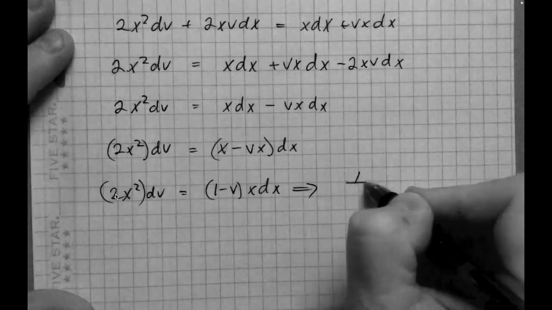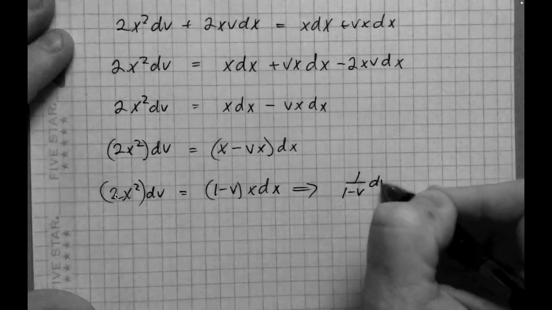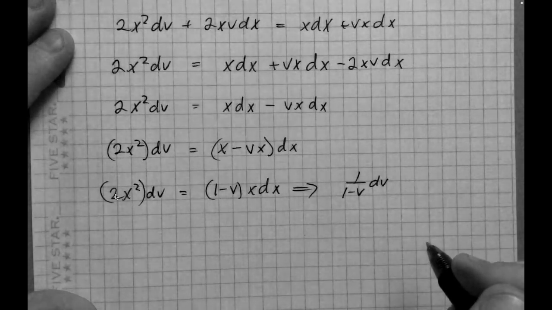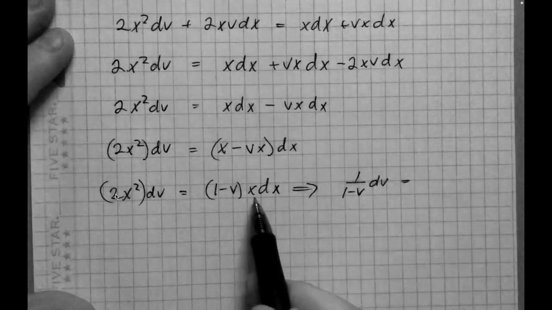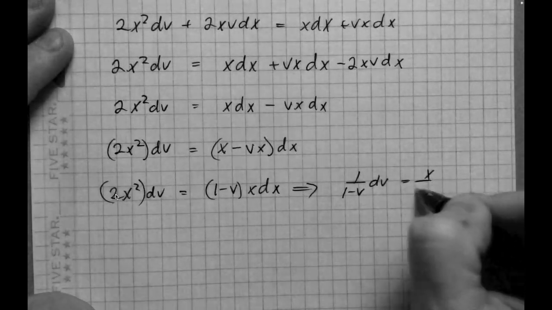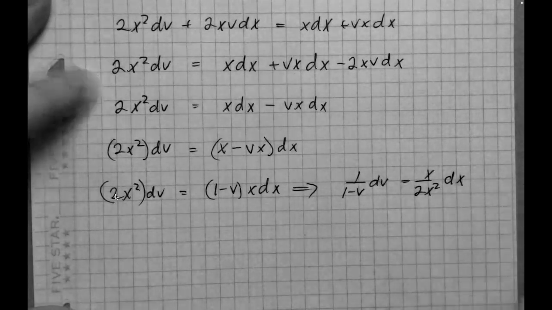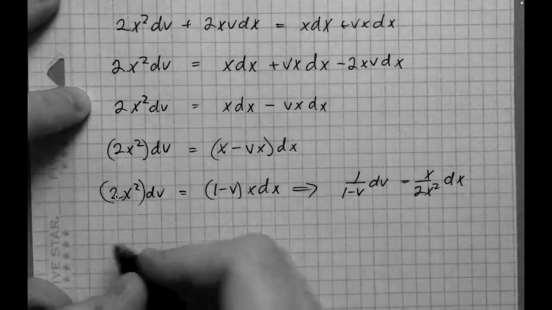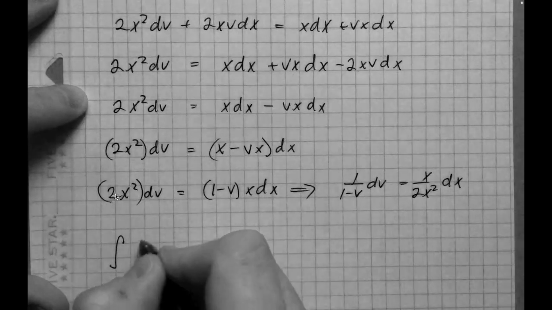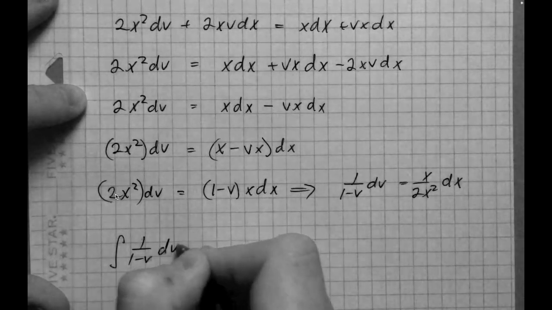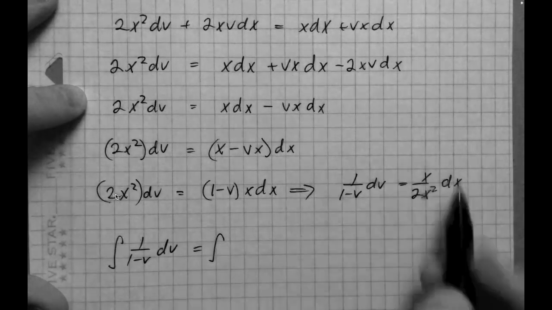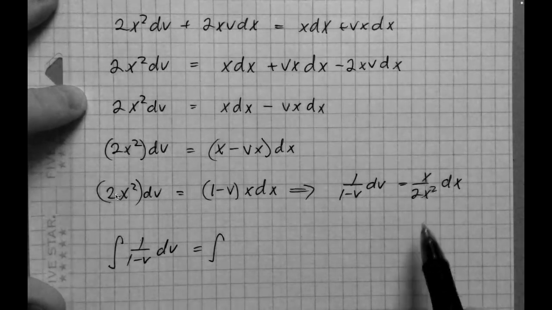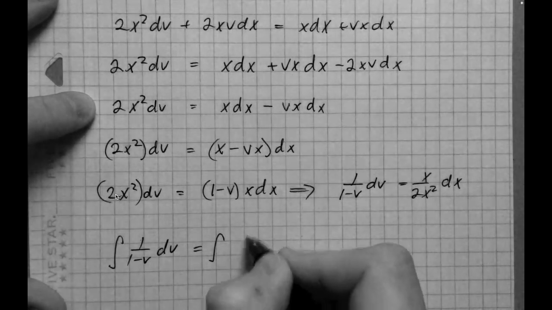So it'll be 1 over (1 minus v) dv, right? And that'll equal x over 2x squared dx. And so what do we get? Well, in the end, we're going to integrate 1 over (1 minus v) dv, and we're going to integrate 1 over 2x dx.